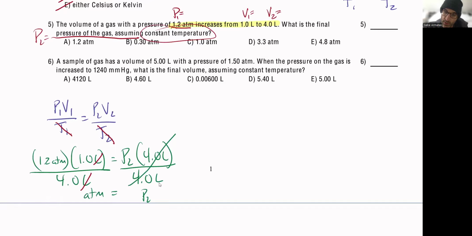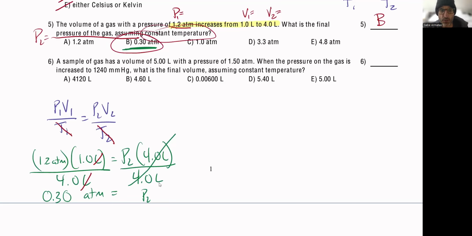So 1.2 divided by 4, it's 1/4, which makes sense. 0.3 atmospheres, 2 sig figs, 0.30 atmospheres is what you end up with. So again, 1.2 times 1, enter, divided by 4, enter, and you should have 0.30 atmospheres. So our answer is B. All right. Good. Simple, straightforward.